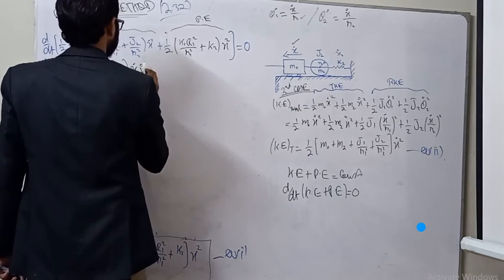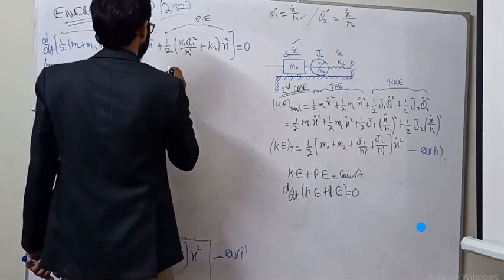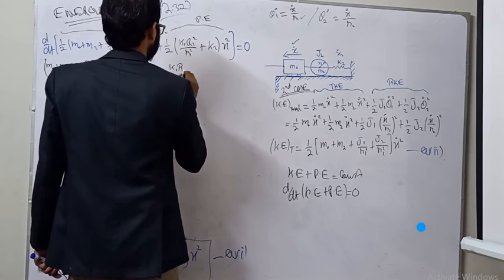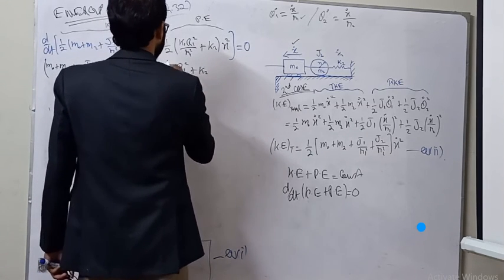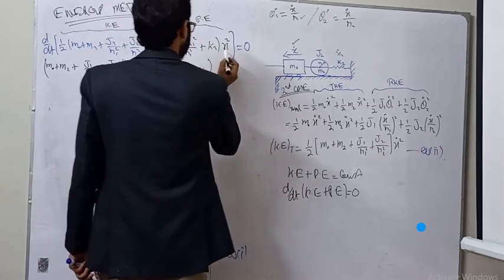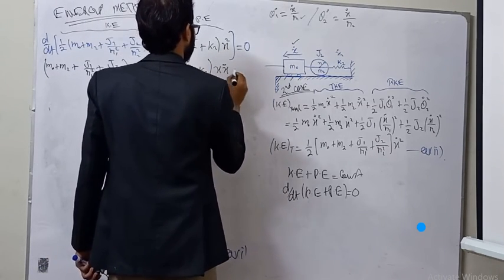So this will be x double dot, plus here we have K1 capital R1 square divided by small r1 square plus K2, and again here this is x square, so it will be left with x and x naught.